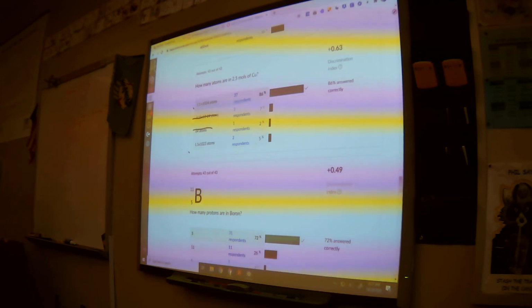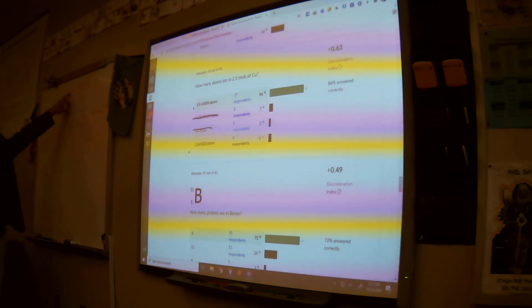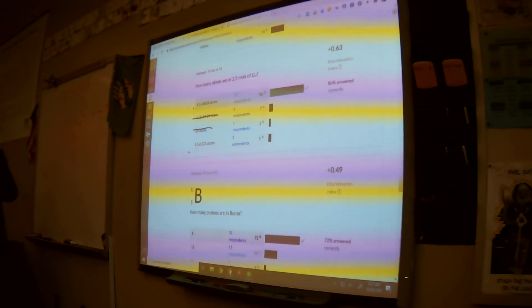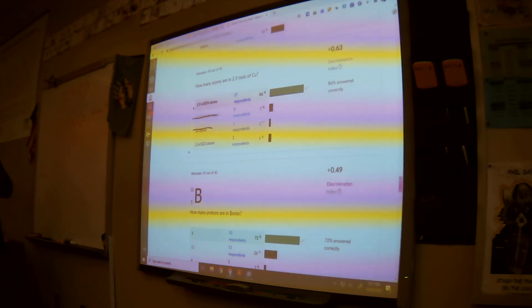Move the decimal place over, right? Yes. So instead of 6.0 times 10 to the 23rd, it's going to be to the 24th. And that will get that answer there. Or you can go through and do it out the long way.